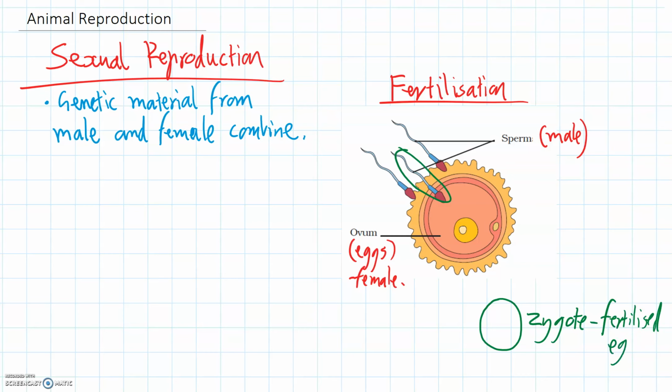And then the zygote is ready to multiply and divide and grow into a whole new organism, whether it's a baby human, a baby elephant, or this even happens in plants, and it can grow into a fruit and a seed ready to grow into a new plant. So fertilization is the key for sexual reproduction.